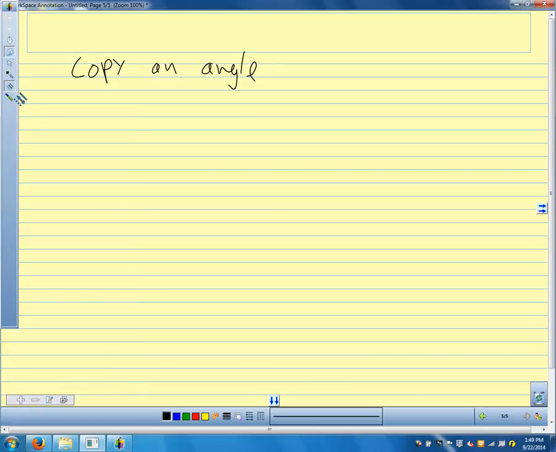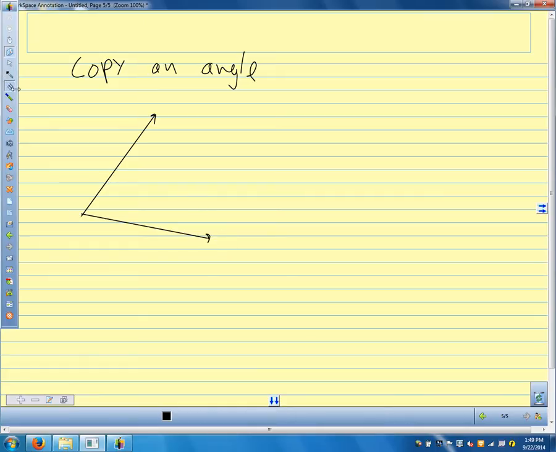So here's my angle that I want to copy. So my first step is draw a ray. It's going to be one side of your new angle. So there's one side of my new angle.